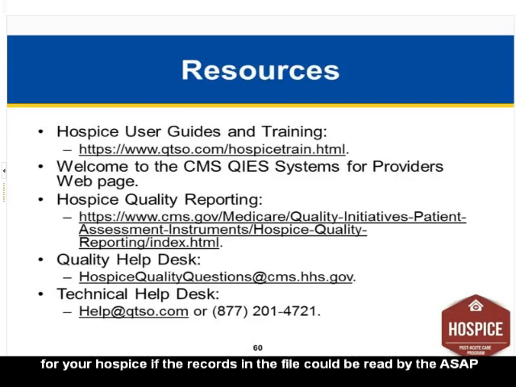So accessing the system-generated report saves you from having to request the submitter report yourself. However, if you would like to use the submitter final validation report, that is acceptable. But remember that the user that requests the submitter final validation report must be the same person or user ID that submitted the file to the ASAP system.